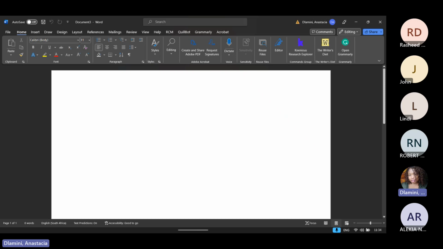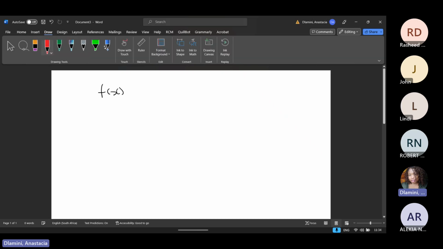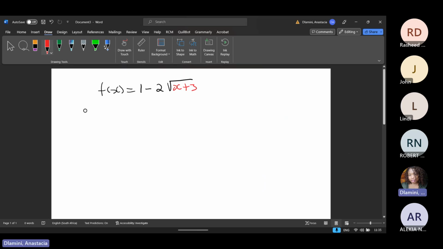Now, we are asked to draw f of x equals 1 minus 2 square root of x plus 3. I'm going to be very quick because we still have a lot to do. Remember, for you to understand how to draw without using points, you have to make sure you understand your transformations.